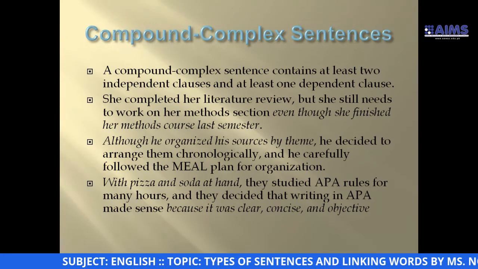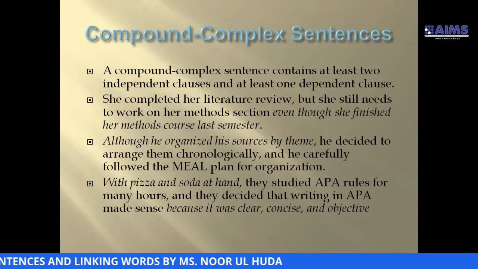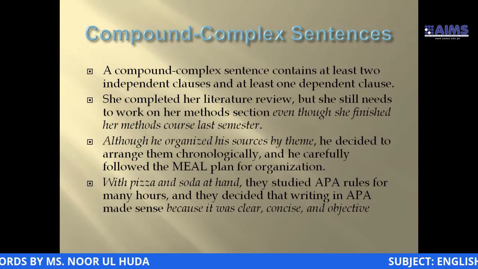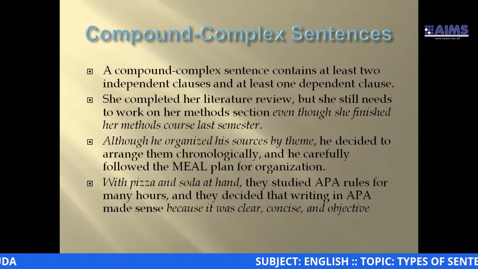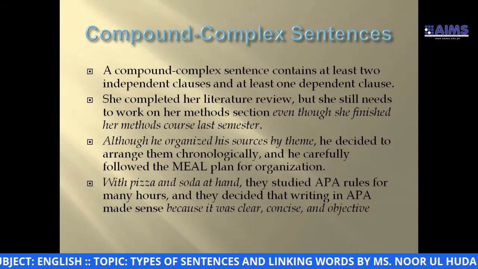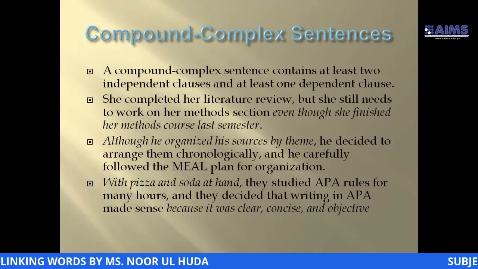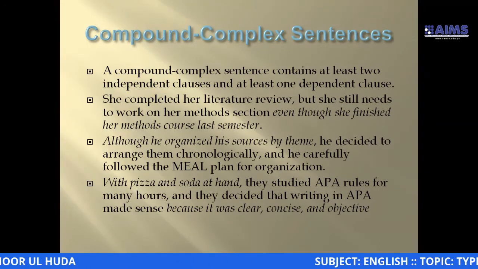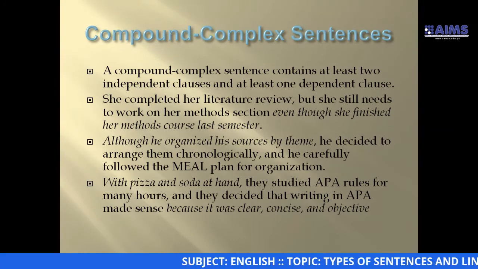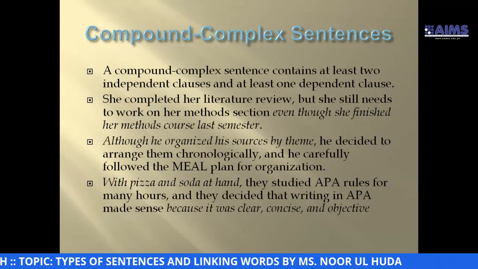They studied APA rules for many hours is one independent clause. And connecting two independent clauses, they decided that writing in APA made sense is another independent clause. Because it was clear, concise, and objective is the dependent clause. Now this is how we can form a compound complex sentence.